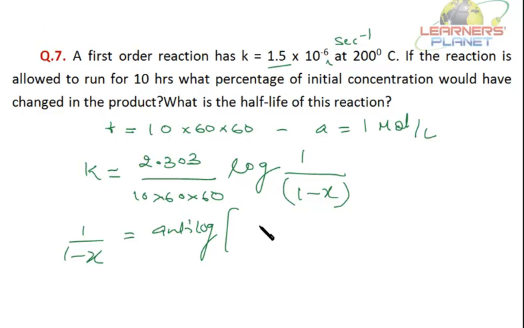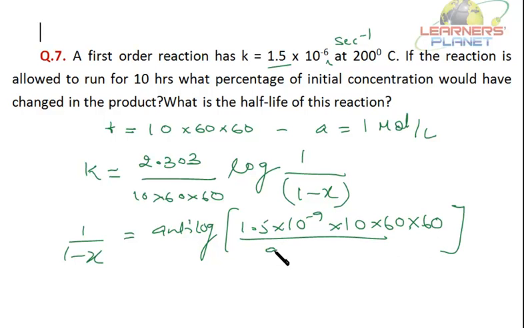What is the K value here? 1.5 into 10 to the power minus 6 into 10 into 60 into 60, and that divided by 2.303. Right? So it's 1.5 into 10 to the power minus 6, it's not minus 9.